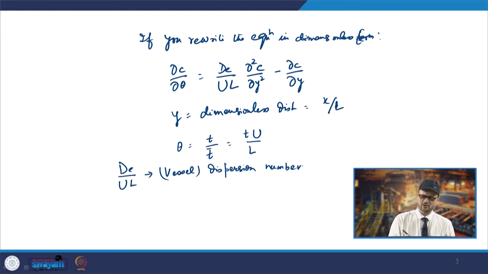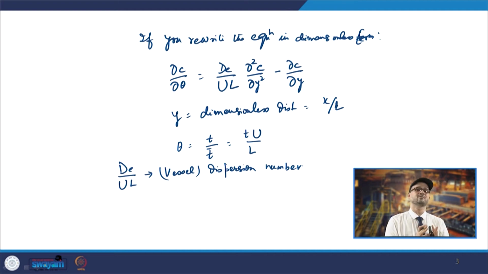It talks about the extent of longitudinal dispersion: if its value is more, the longitudinal dispersion is more. It is not a molecular property of the system, but depends upon the flow condition of the system, so dE by UL changes with flow conditions.